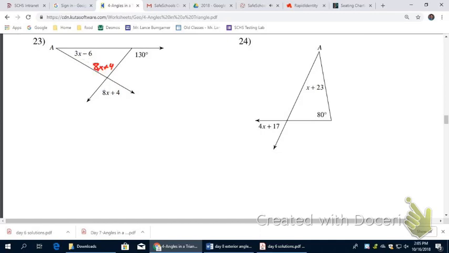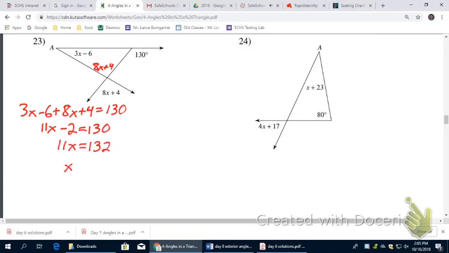So my setup here is 3x minus 6 plus 8x plus 4 equals 130 degrees, the exterior angle. Now I'm ready to solve the equation. I'd have 11x minus 2 equals 130. Add the 2 over, I'd have 11x equals 132. And when I divide by 11, 132 divided by 11 is 12.